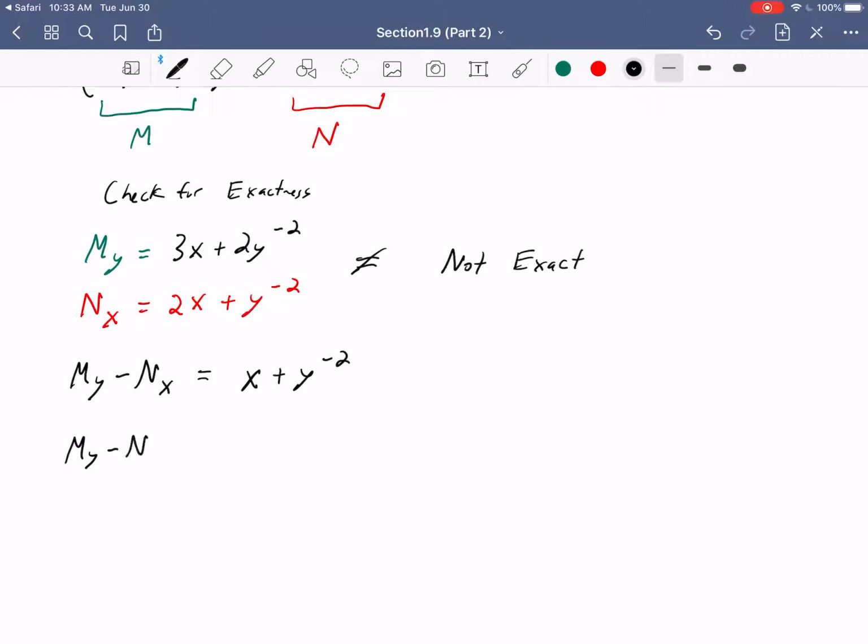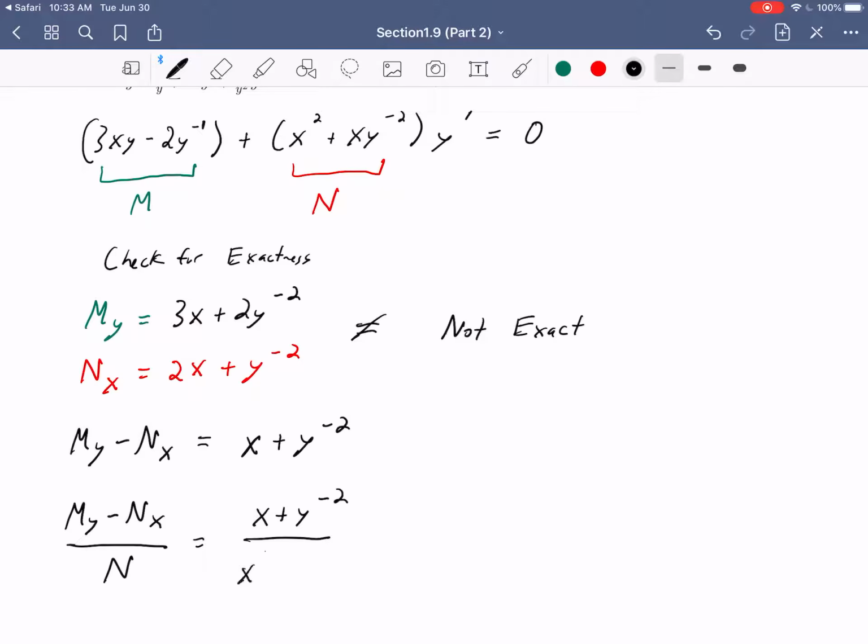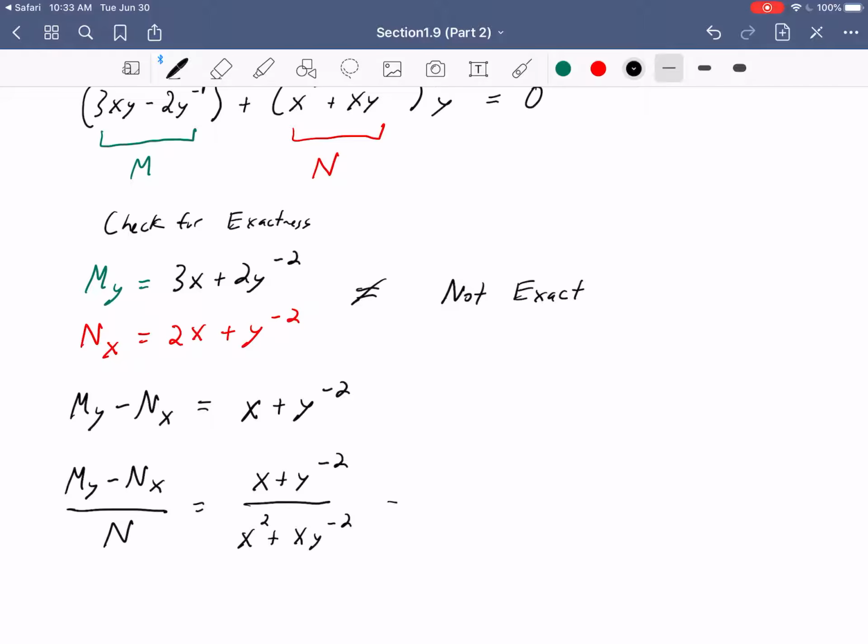So if we do my minus nx over the original n, we'd have x plus y to the minus 2 over x squared plus xy to the minus 2. Notice that with a little bit of factoring, we get x times x plus y to the minus 2. Okay, that's great. Cancel those, and we get 1 over x.